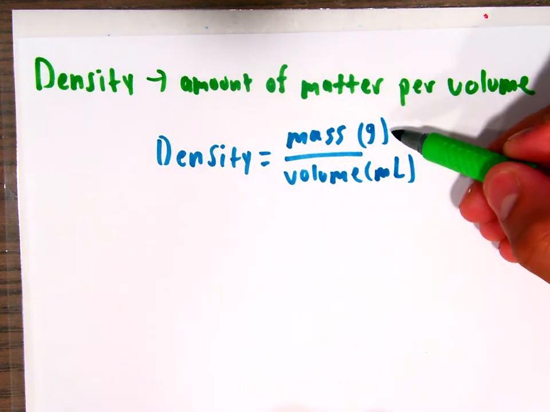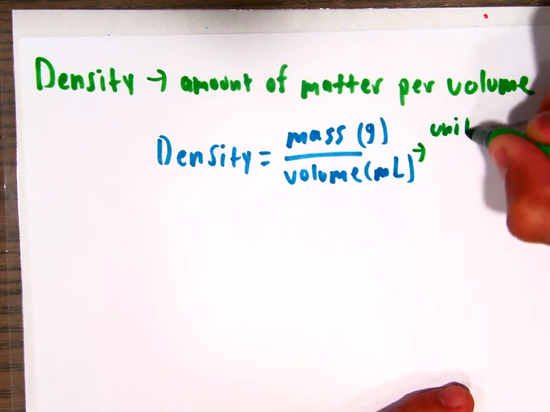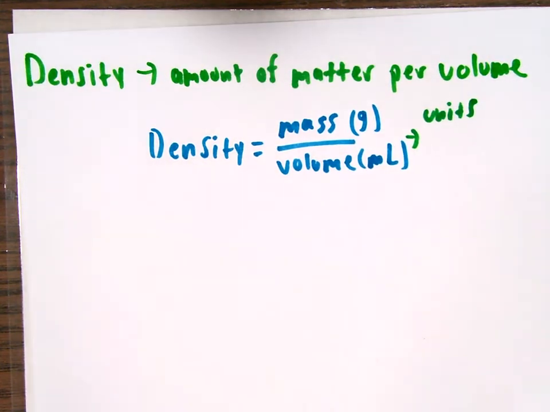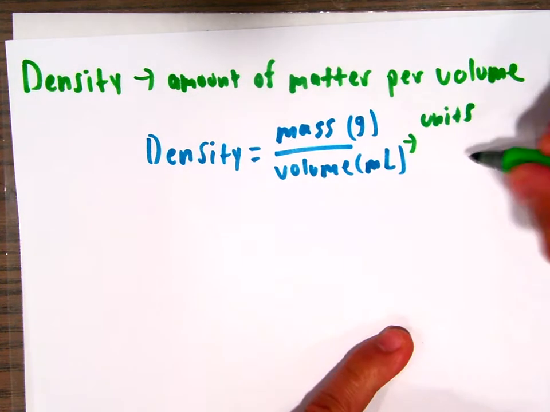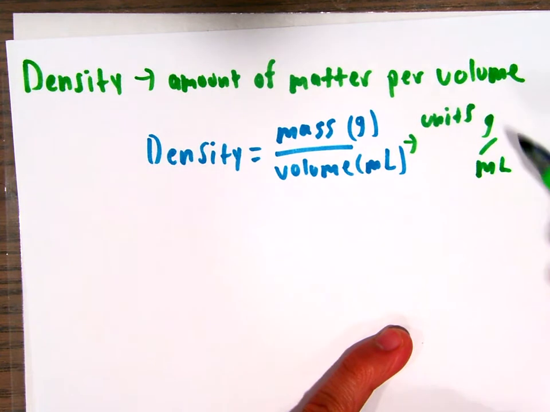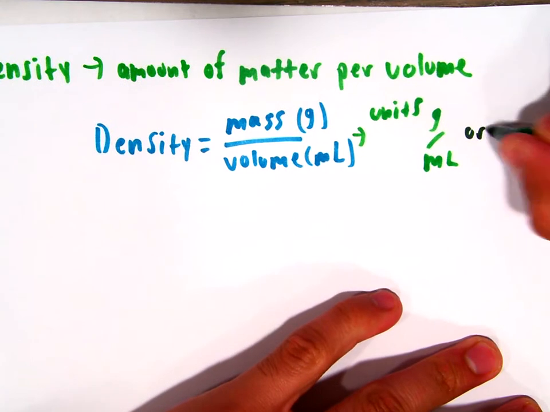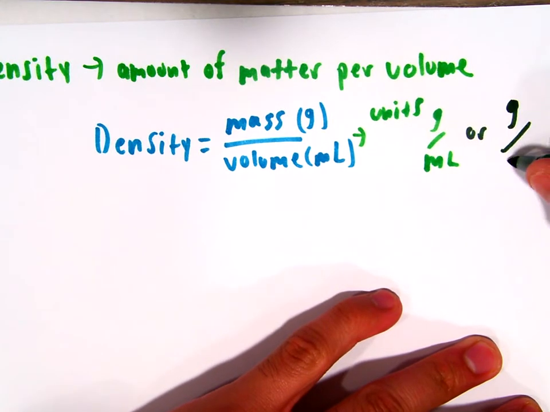Because we're dividing grams per milliliters, the units for density are going to be grams divided by milliliters. Or another unit that you might also see is grams per centimeters cubed.